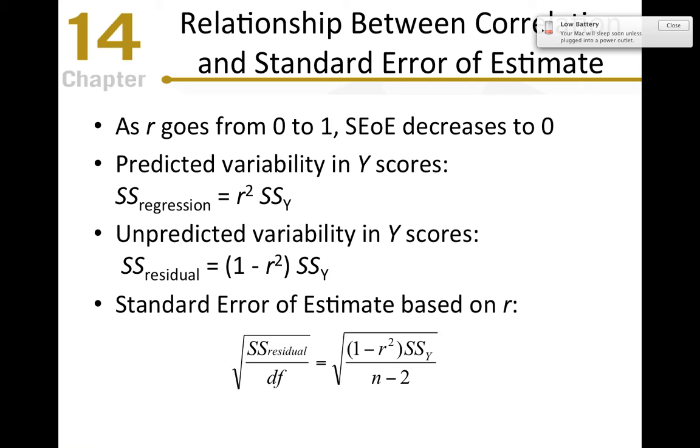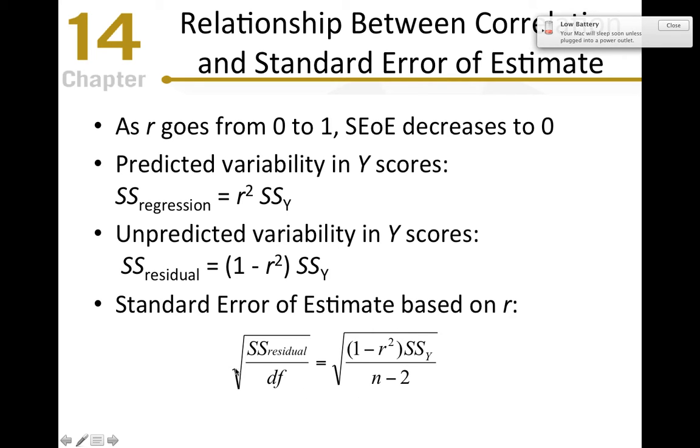What is left over after we have fit the data as best we can with a line that minimizes the error? And so there's another way of calculating the standard error of estimate based on R, and we have that right here.